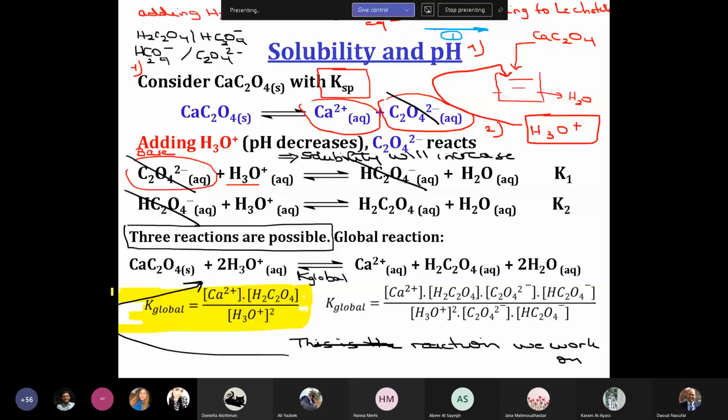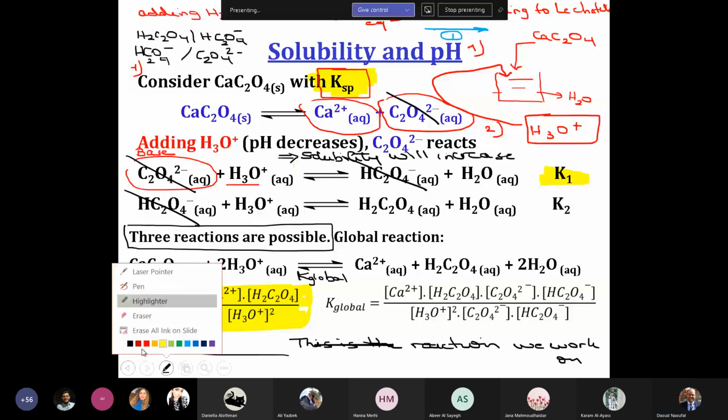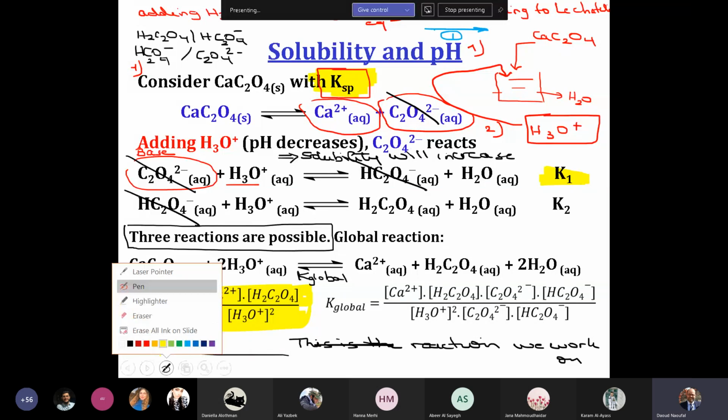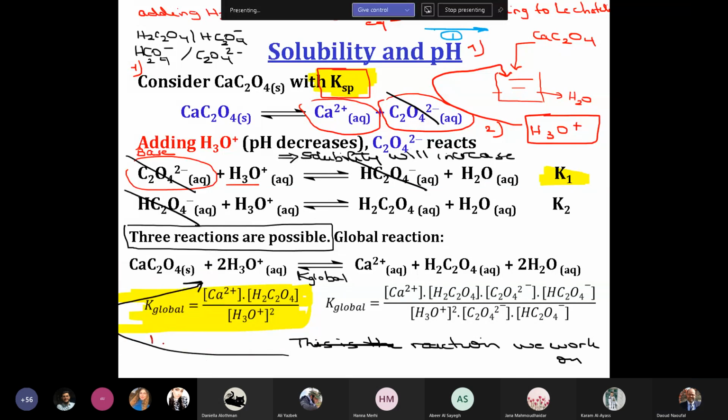And given KSP, KA1, and KA2, we have to calculate K global as a function of KSP, KA1, and KA2.